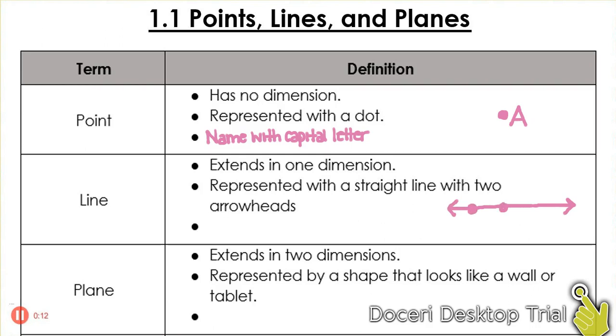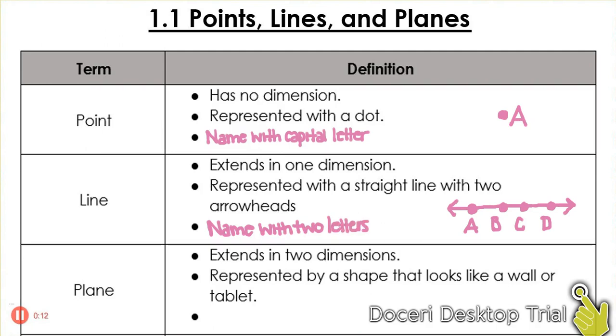Now there might be multiple points on our line, so this could be A, B, C, and D, and the way we're going to name that is we're going to name it with two of those points on the line.